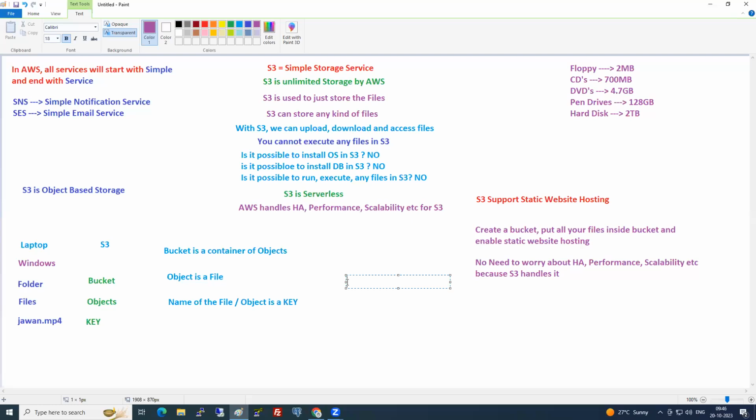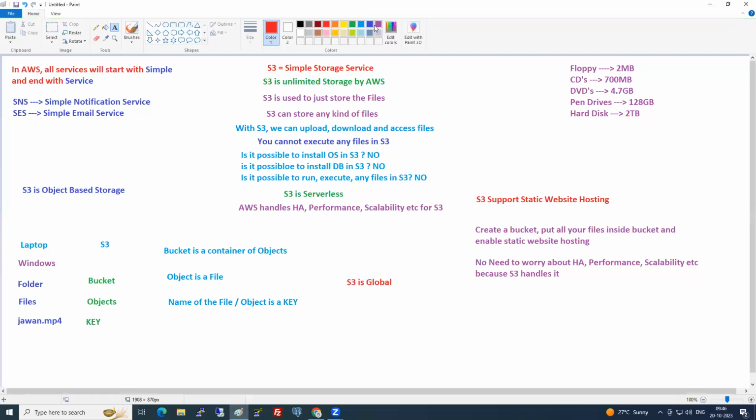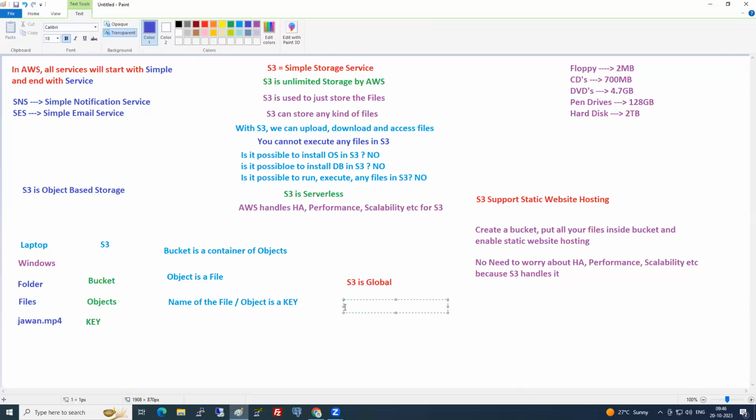Guys, S3 service is global. Remember, S3 is global. But buckets you can create in regions. Remember, buckets are regional.